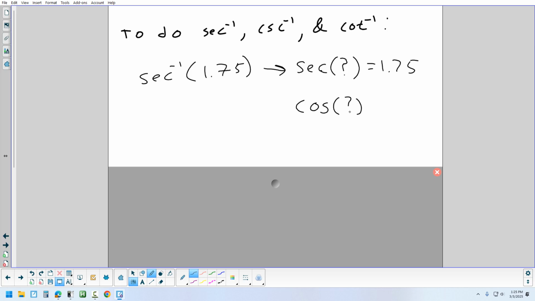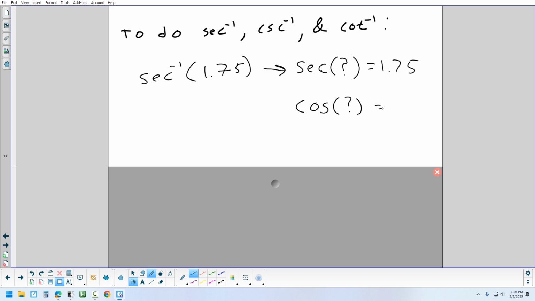What was the connection between secant and cosine? If you know the cosine, what do you do with it? You flip it. So if the secant is 1.75, what's the cosine? 1 over 1.75.